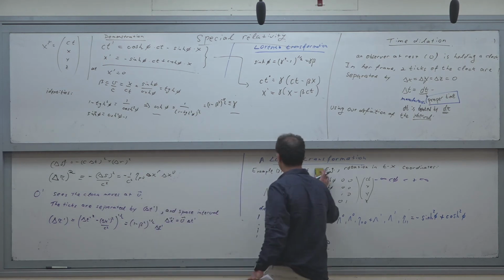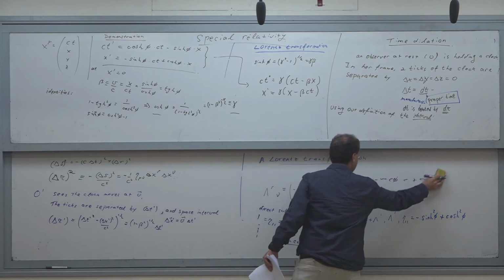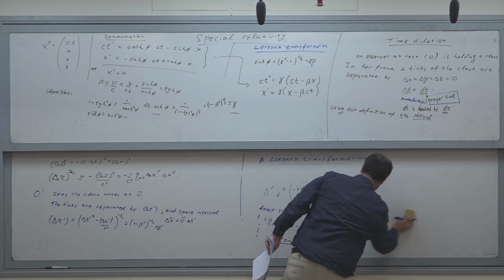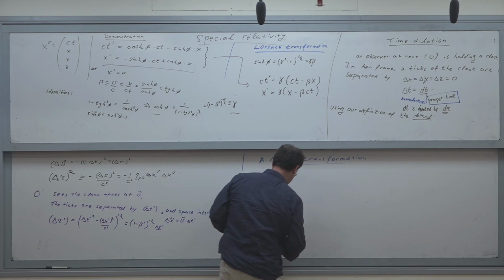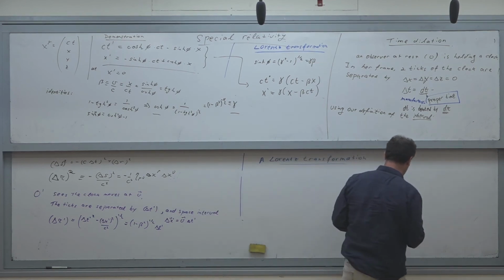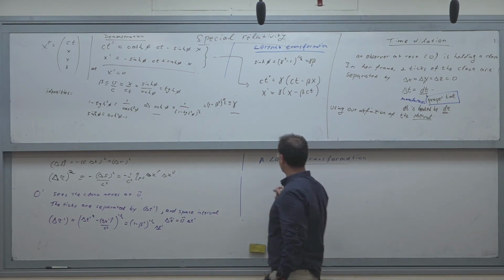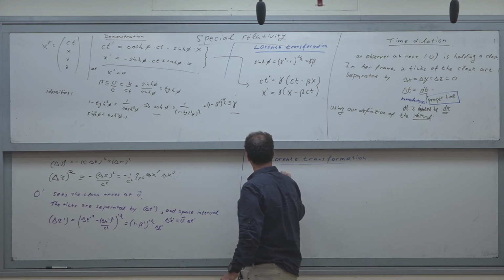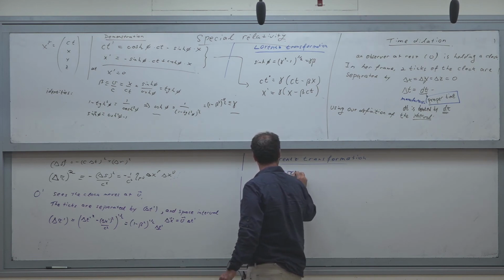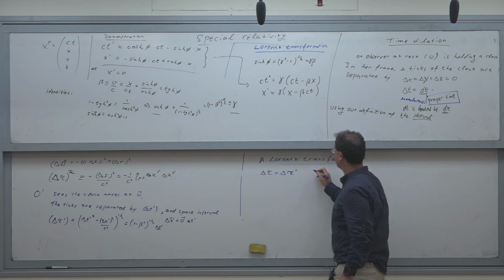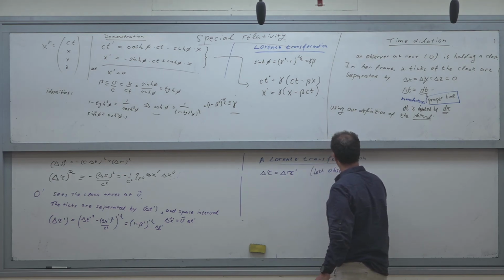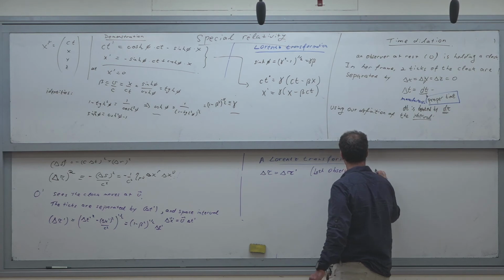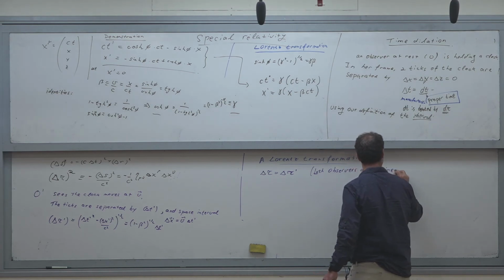Therefore, the proper times must be the same. So we must have that delta tau is equal to delta tau prime. Those observers are in inertial frames.